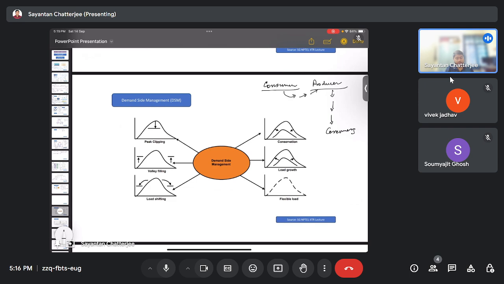And the background of this entire discussion is we have already discussed these things in the last weekly discussion, that we have a two-way peak, means one is the morning peak, another is the evening peak.